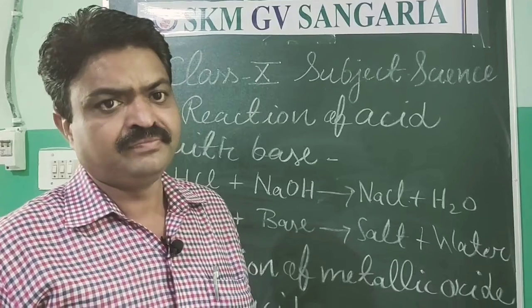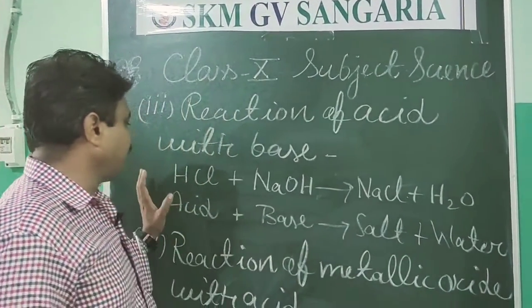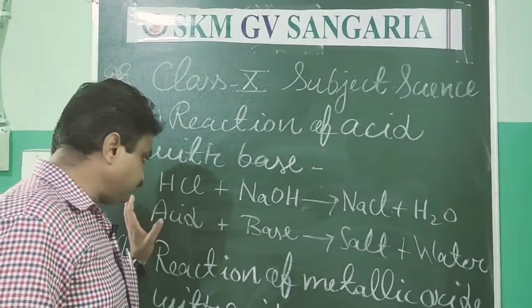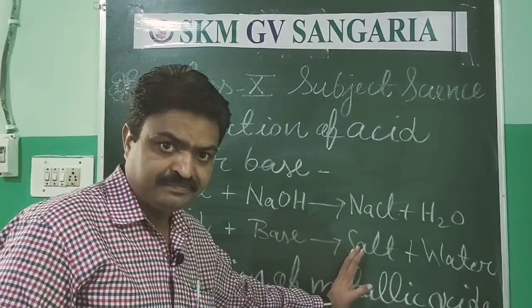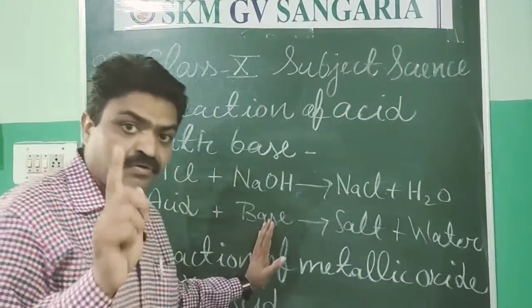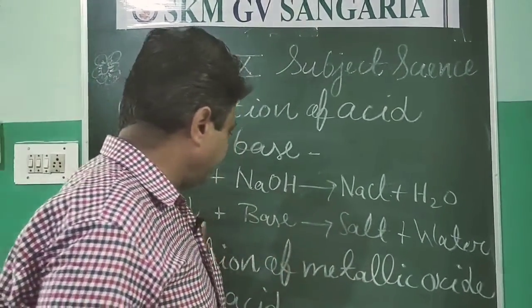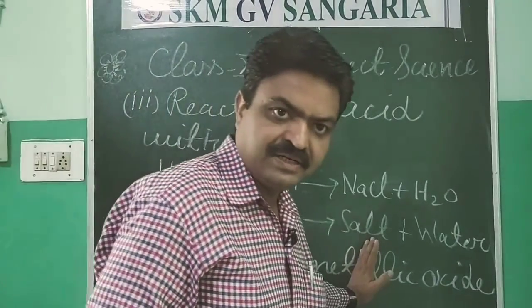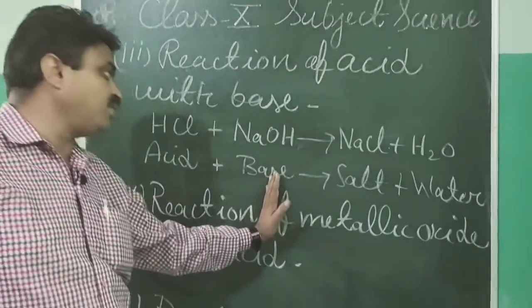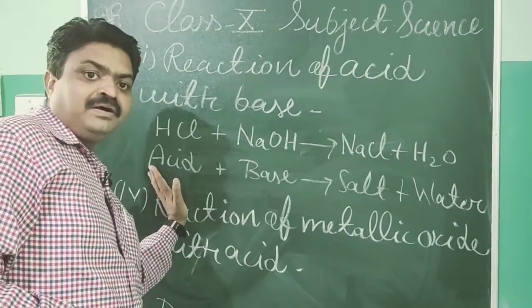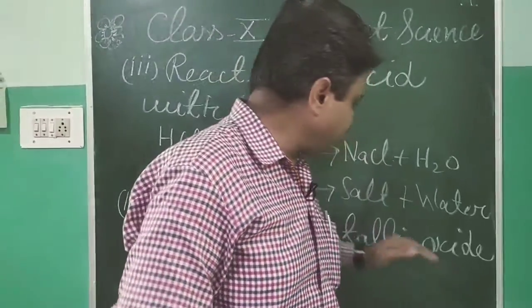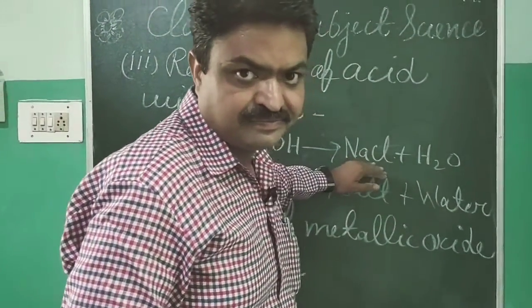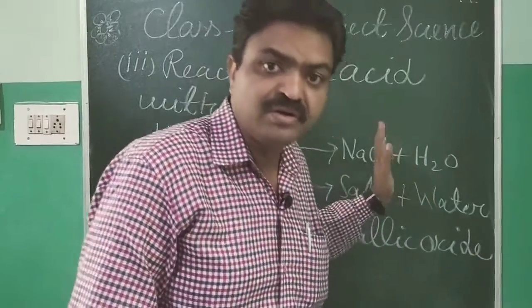If the concentration of acid is more than the base, then we get the acidic salt. If the concentration of base is more than the acid, then we get the basic salt. If the concentration of both acid and base are similar to each other, then in that case we get the neutral salt. And this reaction is known as neutralization reaction, student.